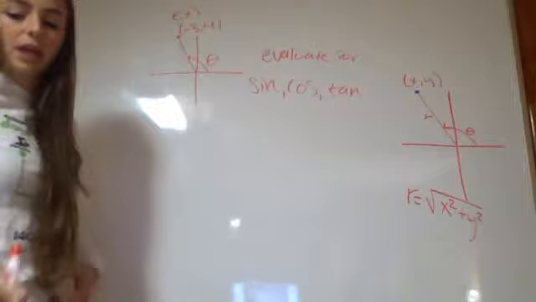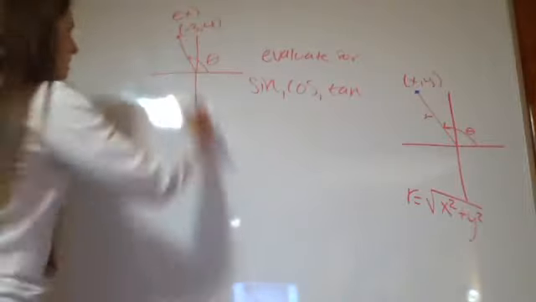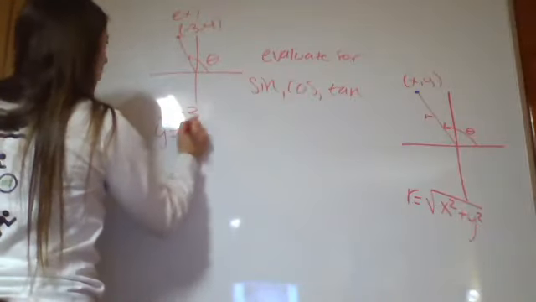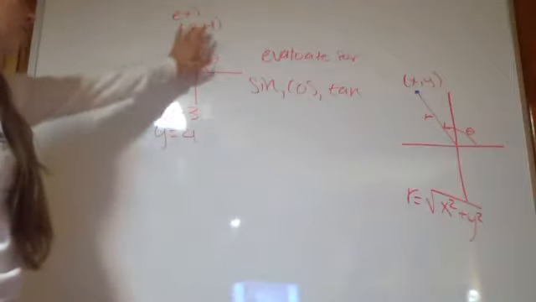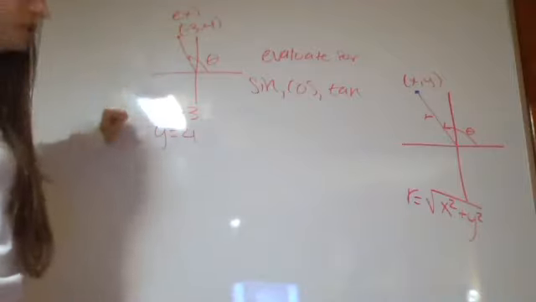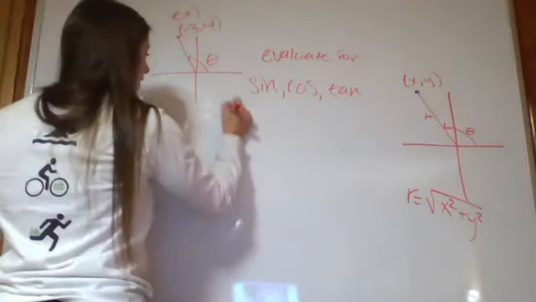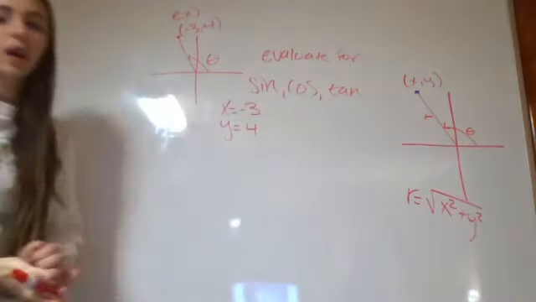So I first have to say, well, what does this mean? This is saying that my x equals negative 3 and my y equals 4. Because it's the coordinate point negative 3, 4, x equals negative 3, and of course that's in the middle of the glare, so you can't see it. X equals negative 3, y equals positive 4.